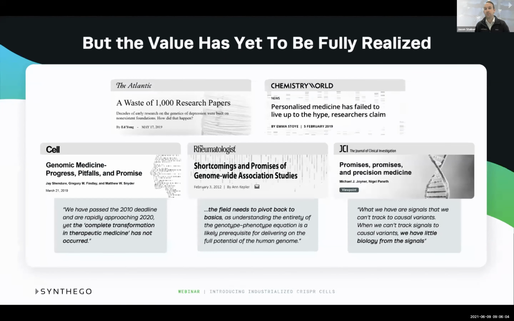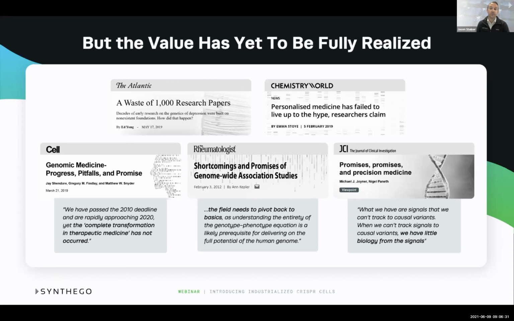But we haven't really reached the level of expectation that we had anticipated, the level of understanding. There have been a number of publications describing this around precision medicine, personalized medicine, genomic medicine, and so forth, and we're not quite there. And it perhaps is best summed up by this quote in the bottom right from the article in the Journal of Clinical Investigation.